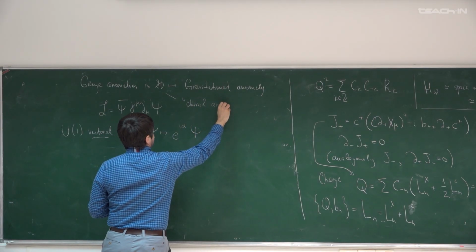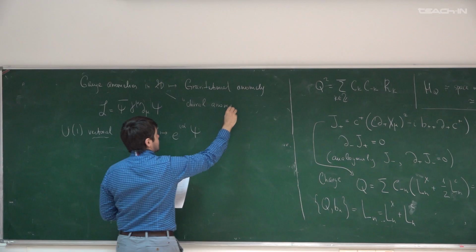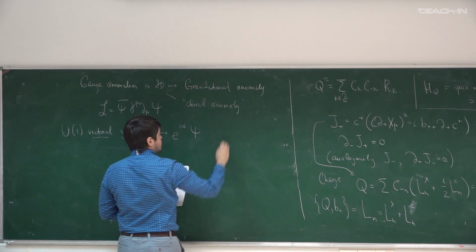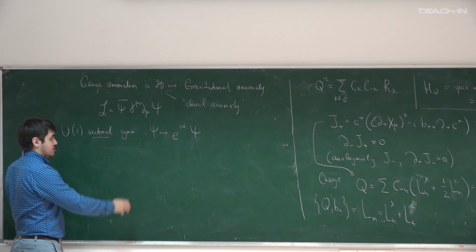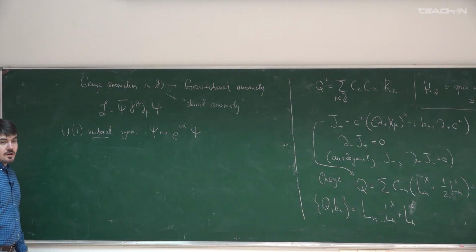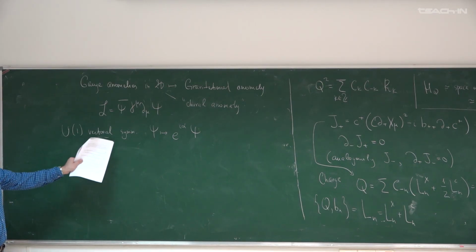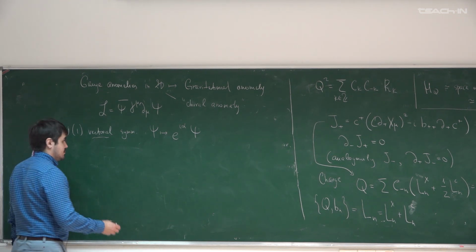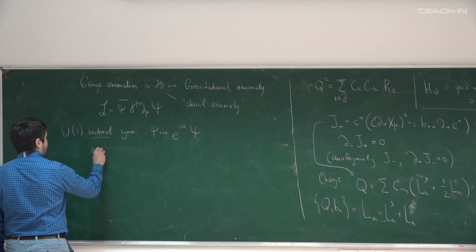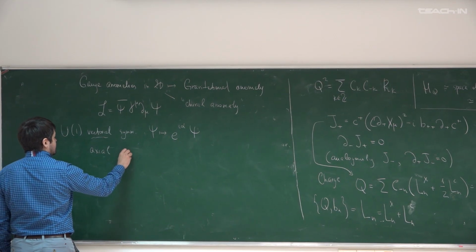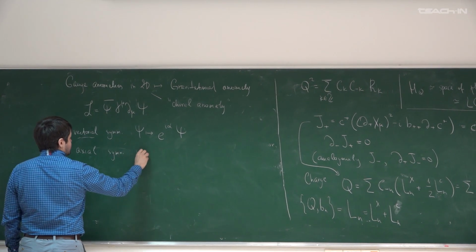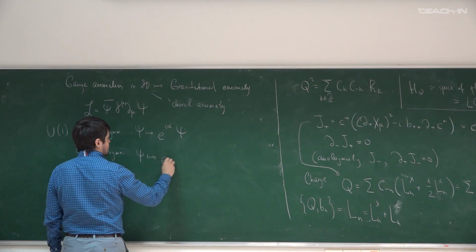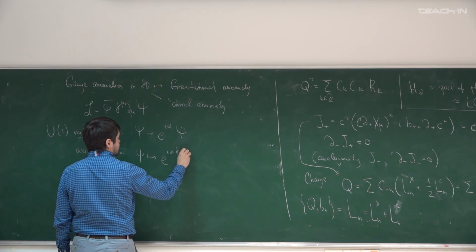So that's why this is an anomaly in some symmetry called chiral symmetry, which is what I'm defining first. There's this vectorial symmetry, but then for massless fermions you also have the axial symmetry, which acts by rotating psi by e^{i alpha gamma 5} psi.